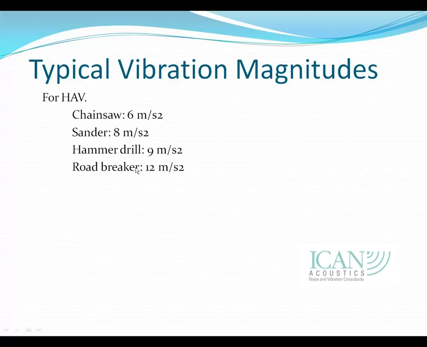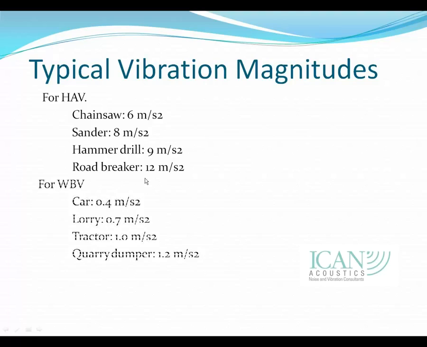That's where an operator would be using a pneumatic or a hydraulic road breaker. Again, you'll notice the levels will be higher. So depending on the machine, the piece of equipment, and of course the task being carried out at that time, will influence the hand-arm vibration levels.